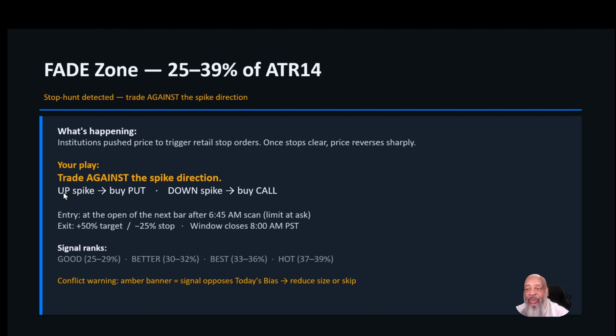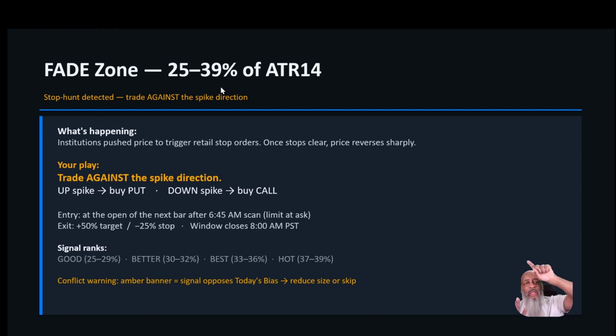Now, the up spike. Let's say you bought a put and you believe this is going down, okay? Now, if you have a put and you believe it's going down and it spikes up, it's a liquidity sweep if it's between this 25 and 39%.